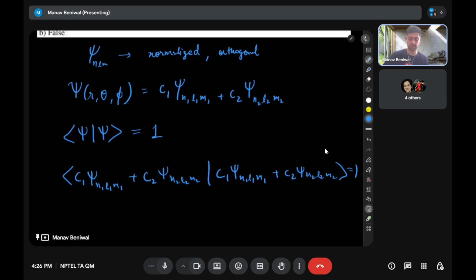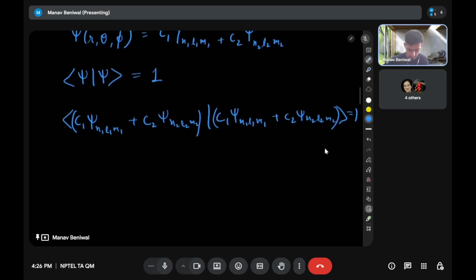Is that clear? Okay, let me put brackets. Okay, so what will we have then? Because this is in the bra space, this first term is in the bra space, and the second term is in the ket space. So if I take out this coefficient c, here it will become c1 star, right?